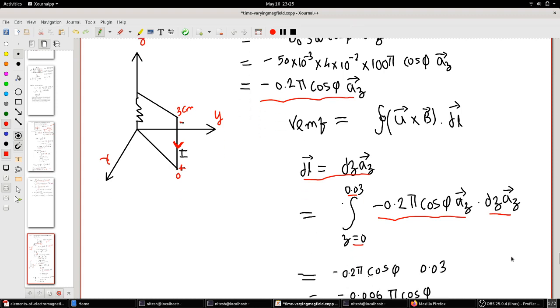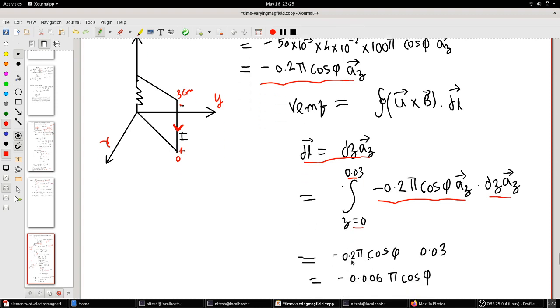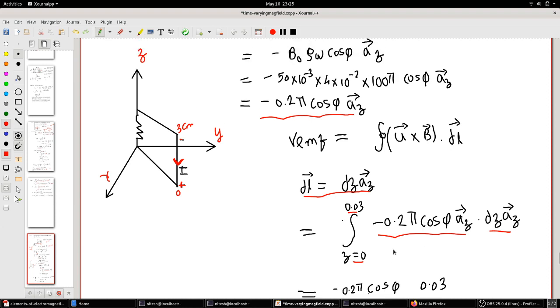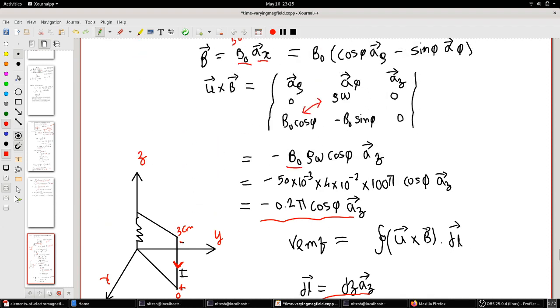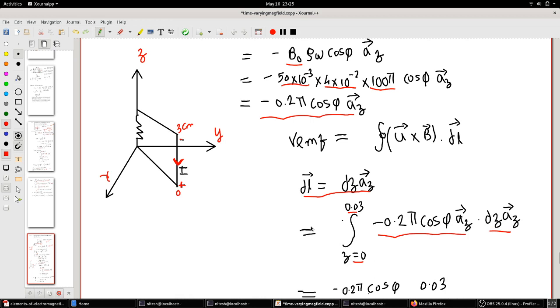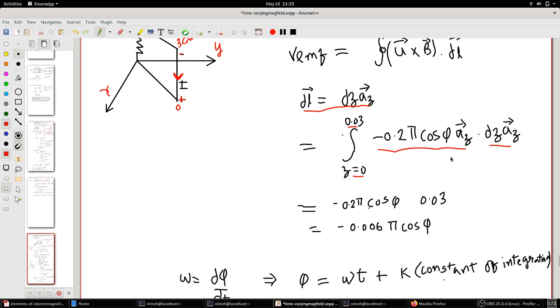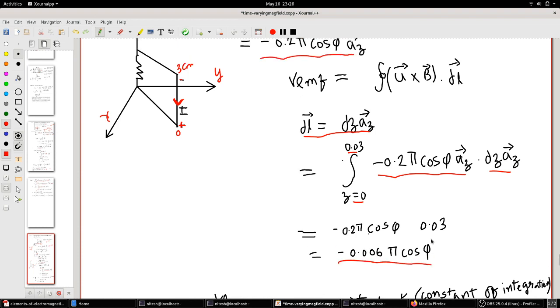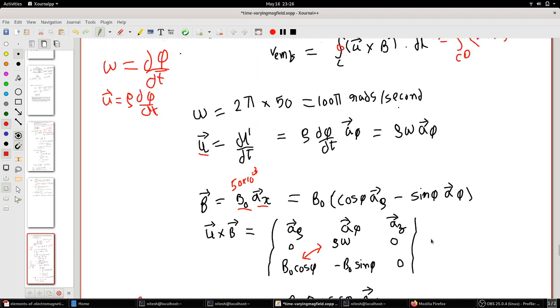So it turns out as 0.2 pi cos phi. I just plugged in B0 as 50 milliwebers, rho as 4 centimeters, omega as 100 pi. So this is minus 0.25 cos phi as my U cross B. I plug it in here and multiply by 0.03. This is the answer.